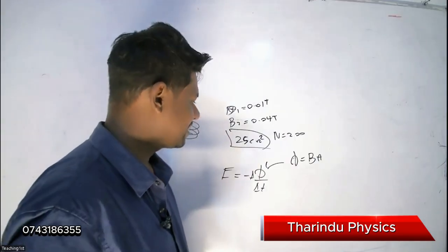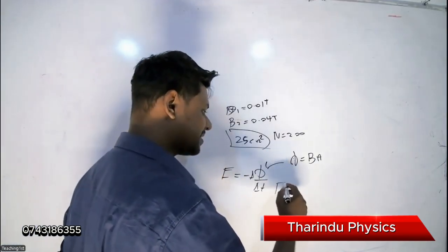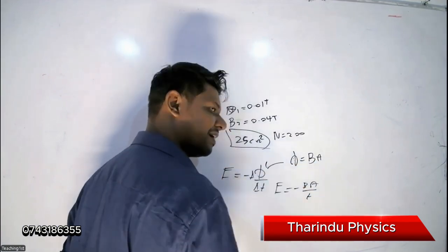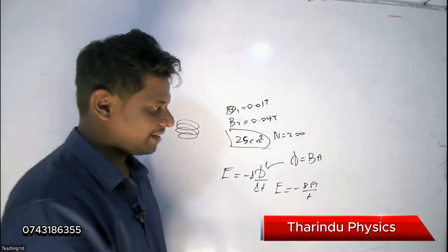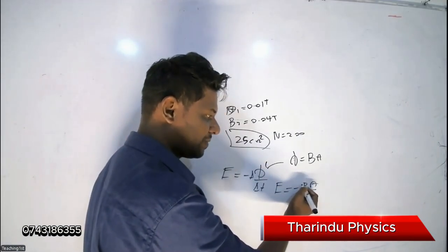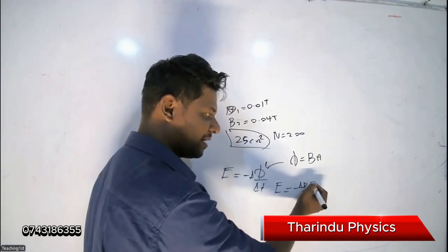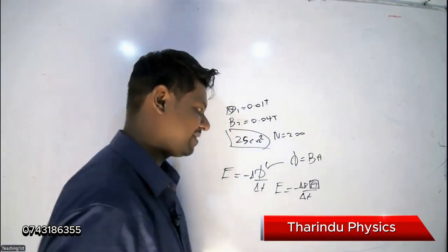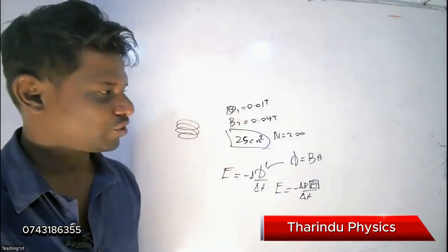Now let's see how we can do this. The equation becomes minus N B A over t. Here the time has a definite change, and it is delta B that changes, not the area. Area is a constant. Sometimes area can change, but here B is changed.